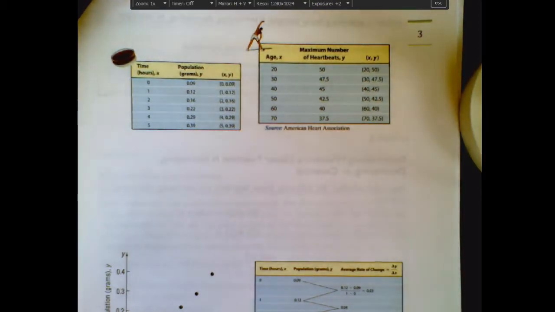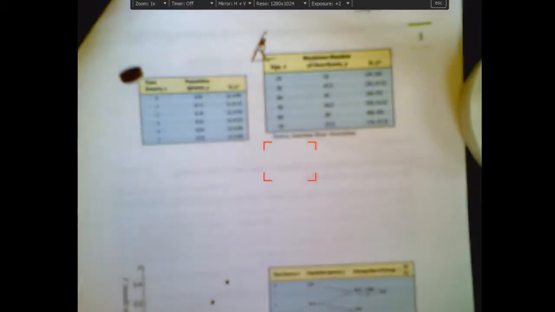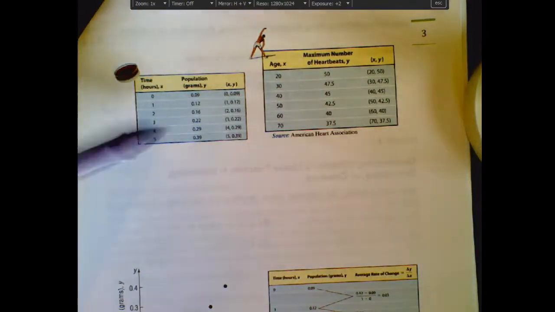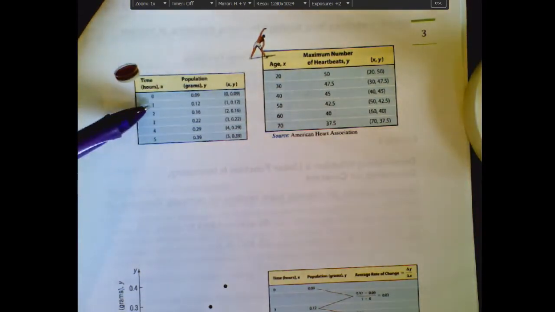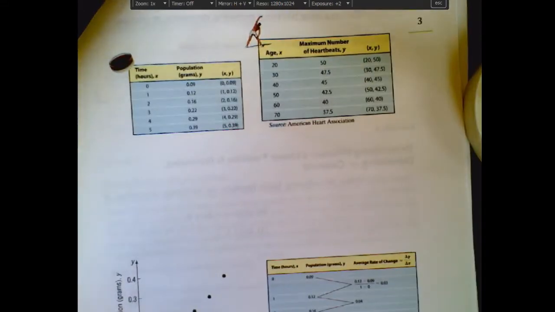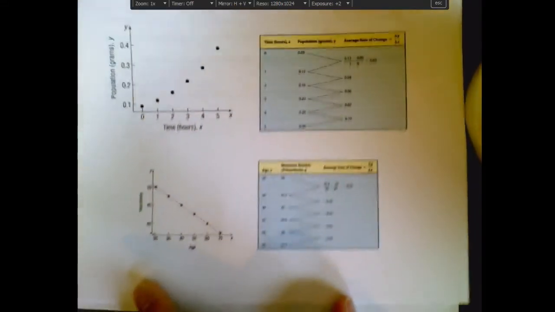So we're going to use these tables then to compute the average rate of change. If we were going to do that ourselves, we would do the change in y over the change in x. So we would take these and subtract, and take these and subtract, and continue on in that fashion. However, luckily, this textbook has done it for us.